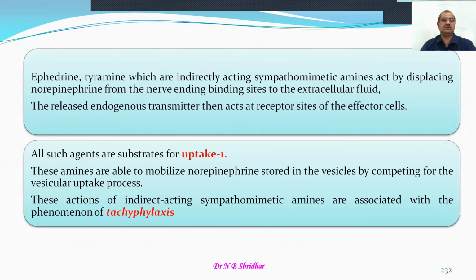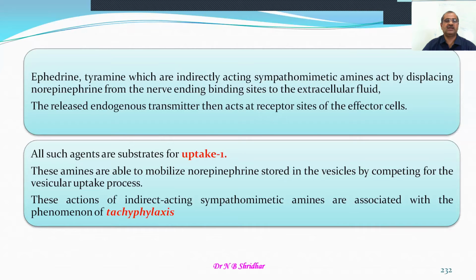Ephedrine, amphetamine and tyramine are indirectly acting sympathomimetic amines. They act by displacing norepinephrine from nerve ending binding sites to the extracellular fluid.